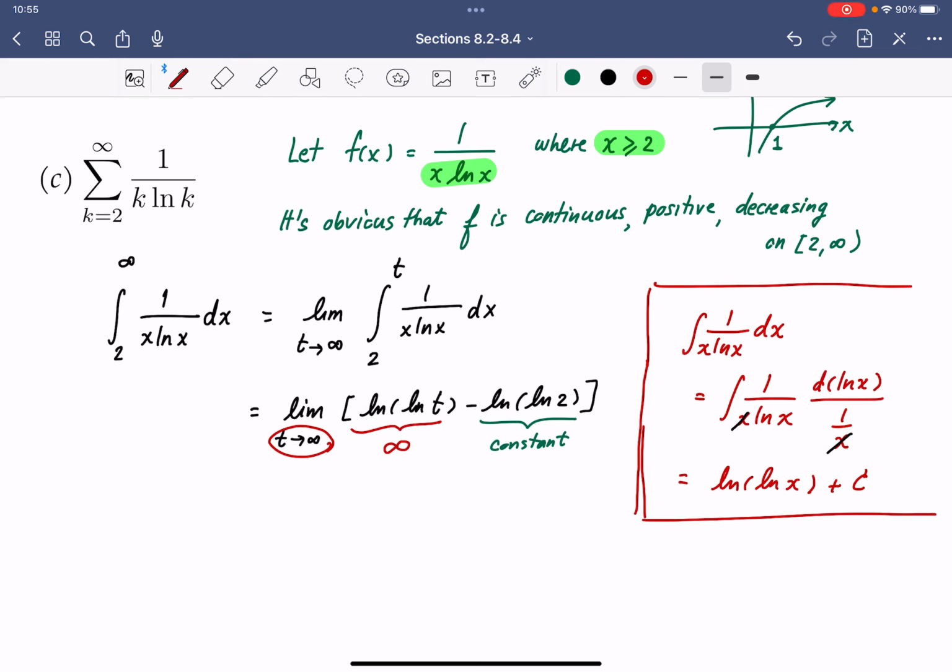So this should be infinity. Then we can conclude that the improper integral here is divergent, which means, when you make a conclusion, you can come back to the series. That series is also divergent, not by the divergence test, sorry, by the integral test.